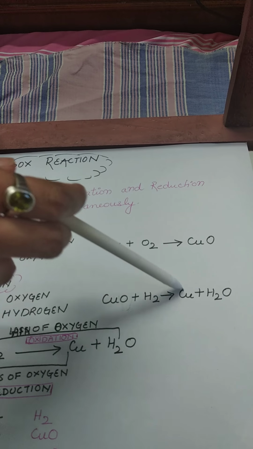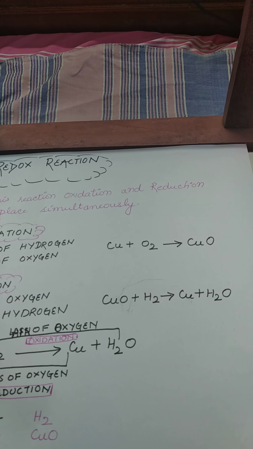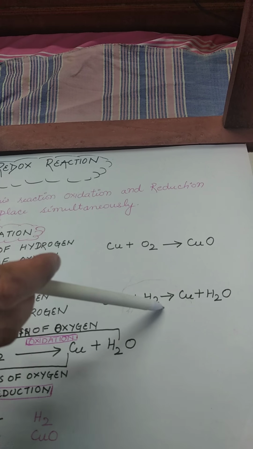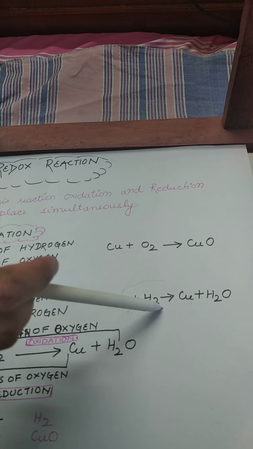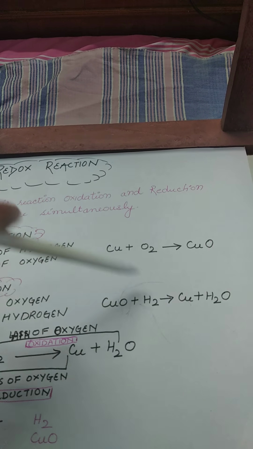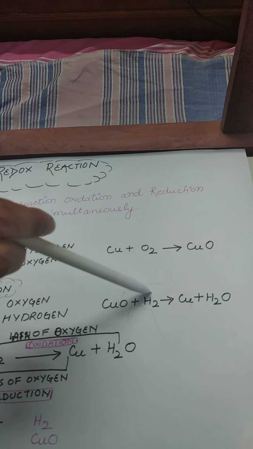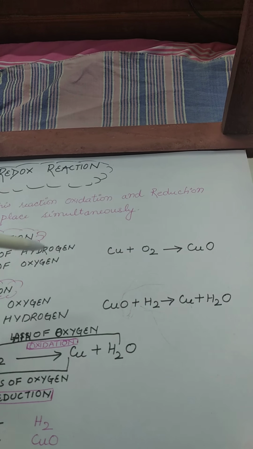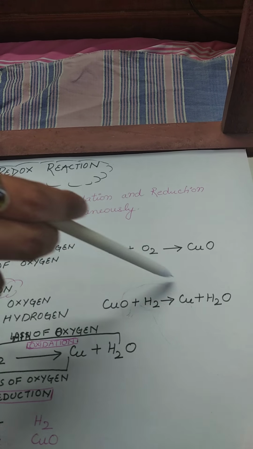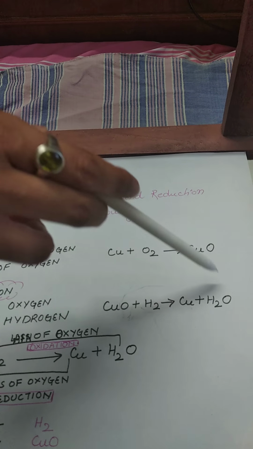So what happened here? There is reduction. Loss of oxygen means reduction. Whereas in case of H2, you can see that H2 changes to H2O. So here there is addition of oxygen in H2. So oxidation occurs. So CuO to Cu is reduction, whereas H2 to H2O is oxidation.